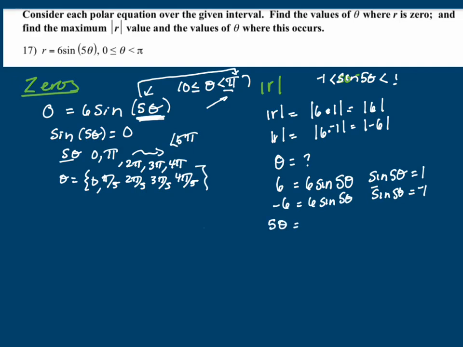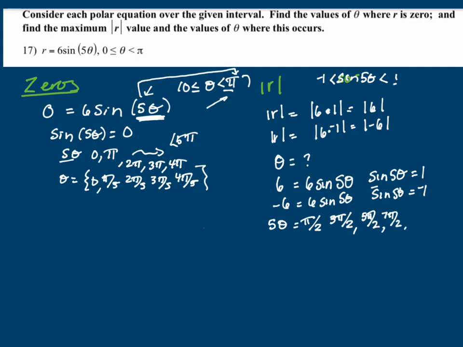And remember, we've got to go all the way out to right before 5 pi. So 5 theta would be at pi over 2, and then it's negative 1 at 3 pi over 2, right? And then keep going, because you've got to go all the way to before 5 pi. So add another 2 pi to pi over 2, that would be 5 pi over 2. Add a 2 pi to 3 pi over 2, that would be 7 pi over 2.